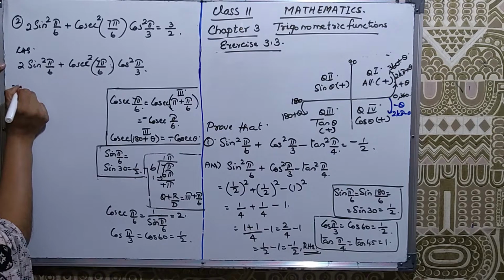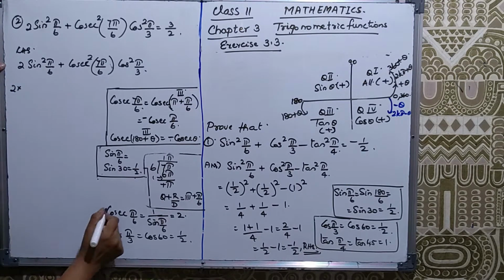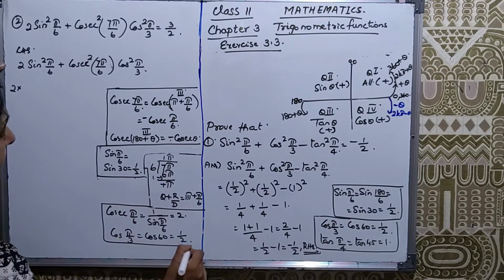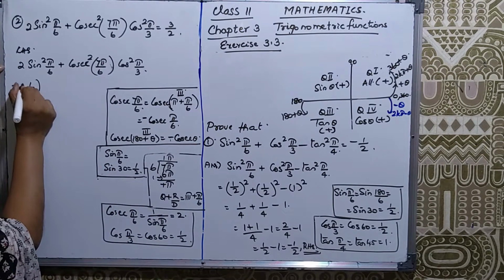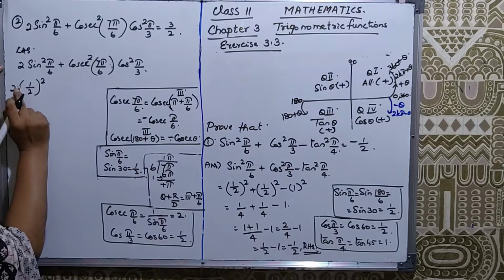Here 2 into sine squared pi by 6. Sine pi by 6 is half, so half the whole square.